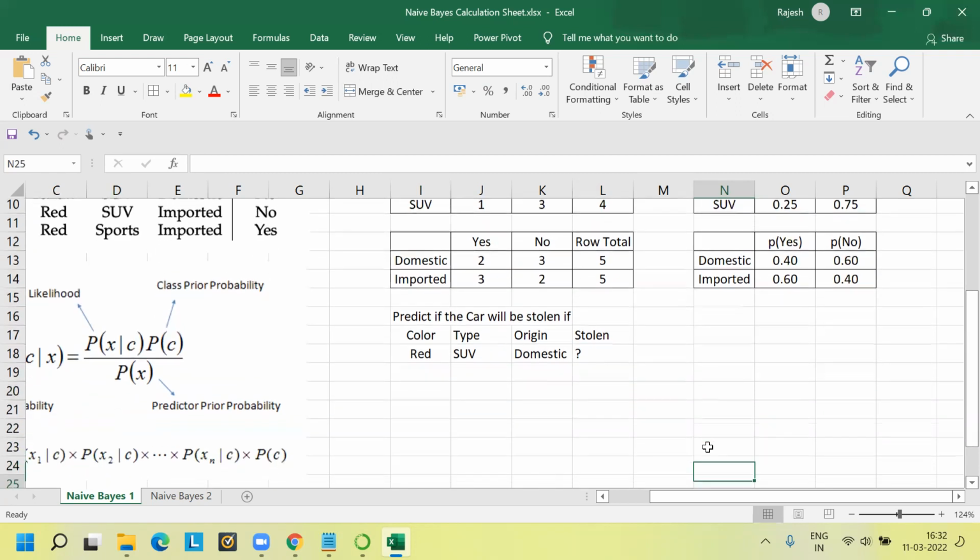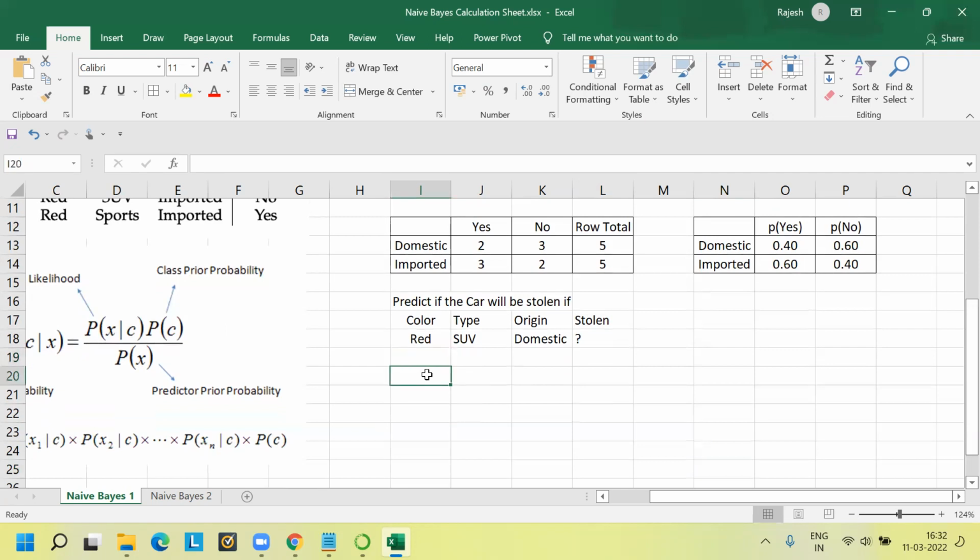Now, we have to find the probability of what? The probability that the car is stolen, yes, given the independent variables. What are the independent variables?